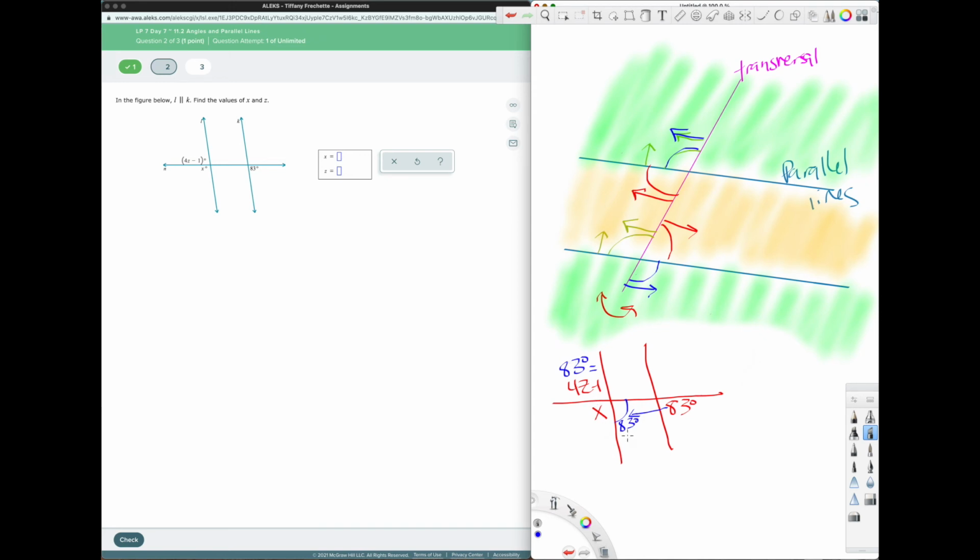So now I can either start solving for X or Z. Really, it doesn't matter which one I solve for first. I have to solve for both. So with this one, I know 4Z minus 1, either by using corresponding angles and then vertical angles or by using alternate exterior angles. Either way, I'm going to bring this 83 degrees over here. 4Z minus 1 equals 83 degrees.